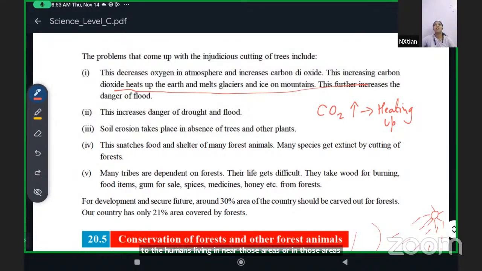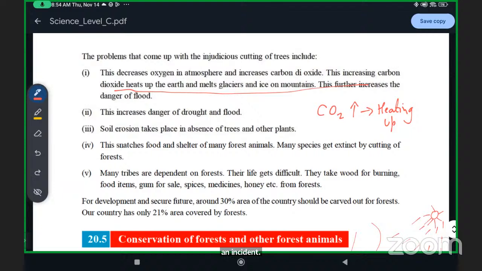There was an incident of wildfire that happened, I think it's been 2 or 3 years. I think it was the Amazon forest wildfire that took place.